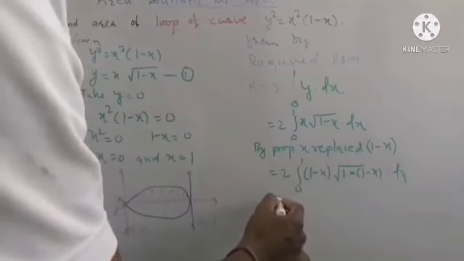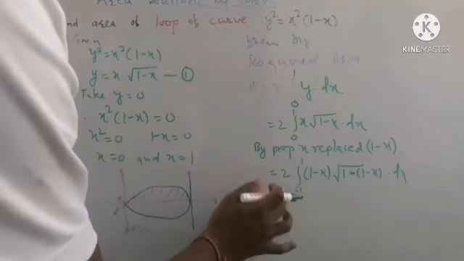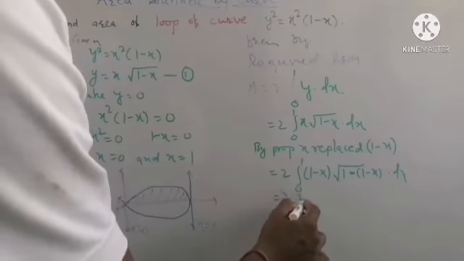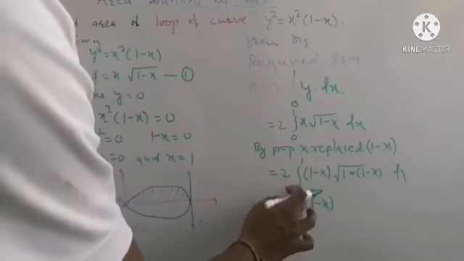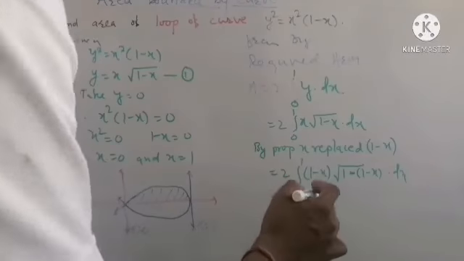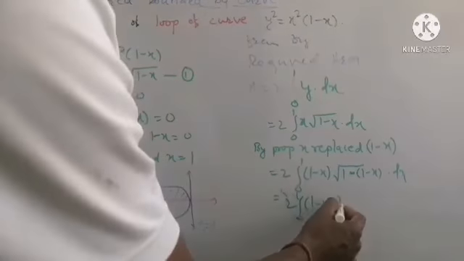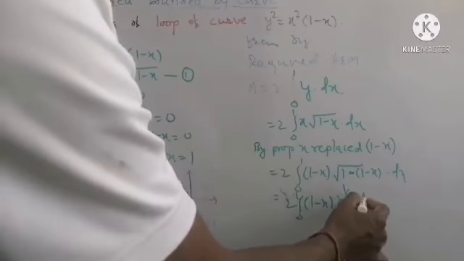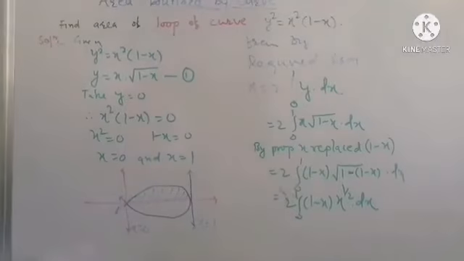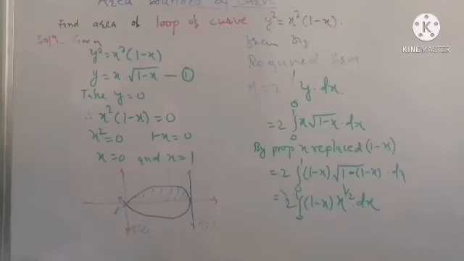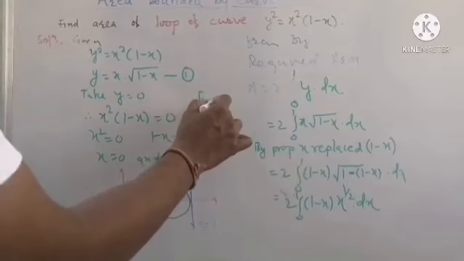Now simplifying this, we get 2 times the integral from 0 to 1 of (1 minus x) as the first term, and in the root, the 1 minus 1 cancels and minus minus gives plus x, so it is root x. We never keep a radical sign in an integral; it is converted into index form. Root x is x raised to 1 by 2.